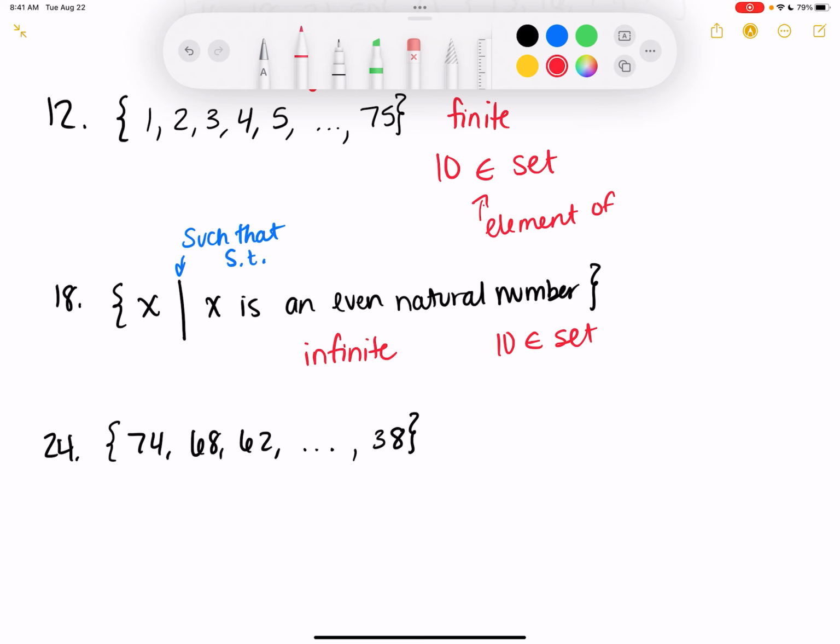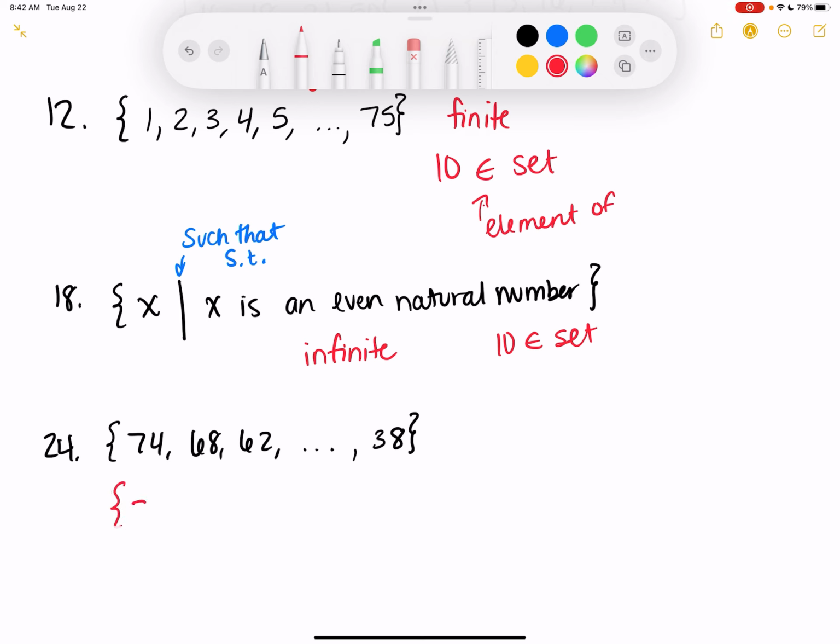So what are they, and I'm just going to say generically, adding, subtracting, multiplying, dividing, which method are they using, and then what is the number? So how are we getting from 74 to 68? Minus 6. And then always check and make sure that 68 to 62 is still the same thing before you just start subtracting, because it could be a pattern of like minus 6, minus 5, and so on. This one's not, but always check.